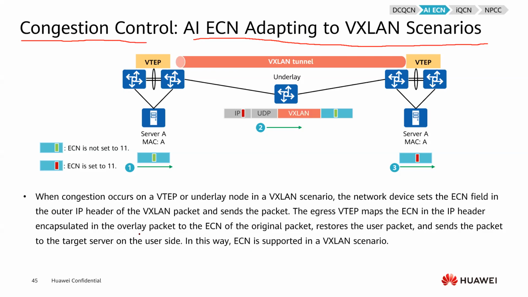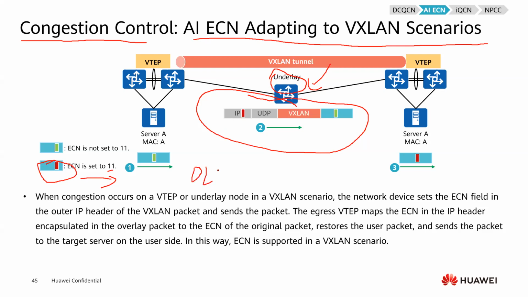The red color means ECN is set to 1. Because in the VXLAN tunnel, the underlay device in the forwarding path just sees the outer label, we must move the ECN tag to the outer label in the VXLAN tunnel.